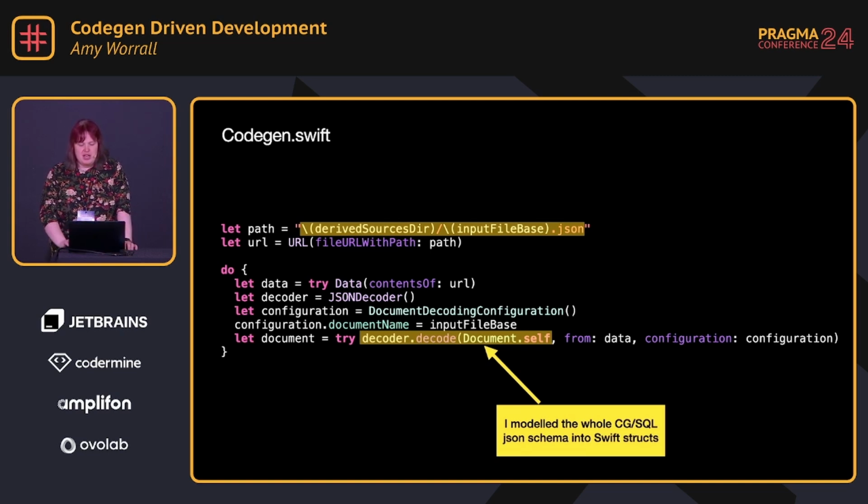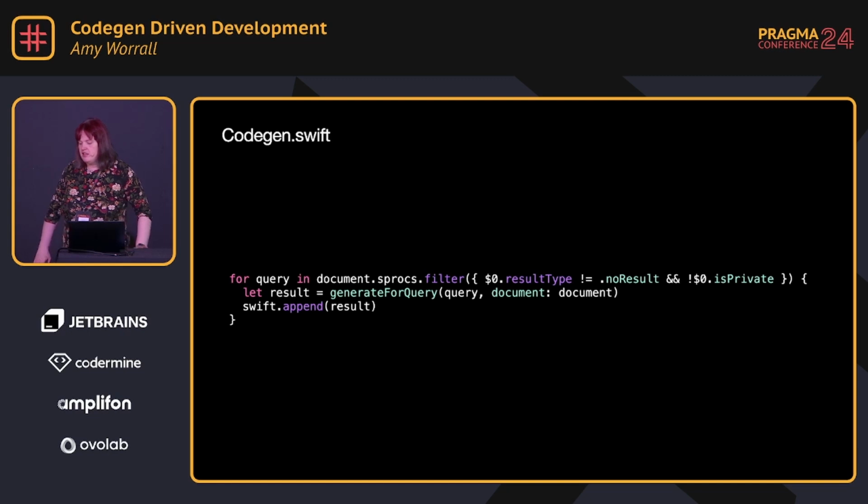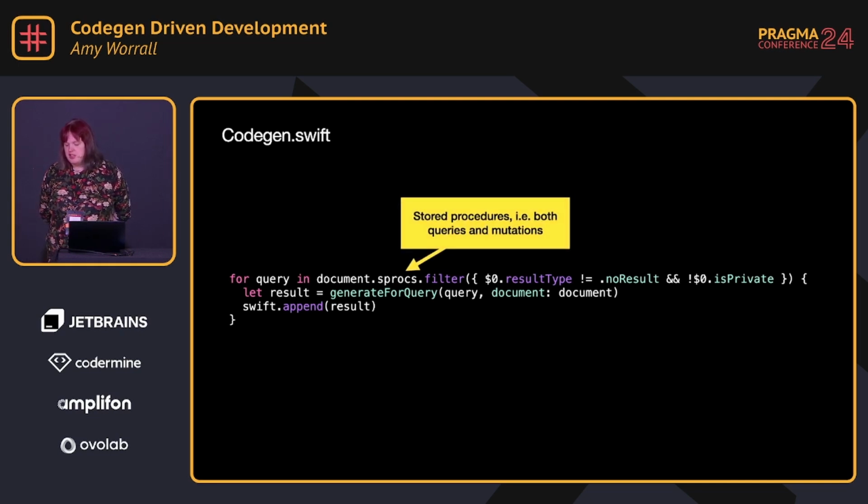And then, for example, for the part of the Codegen where we're going to be dealing with queries, document is my parsed JSON, and it's got a whole bunch of properties. One of these properties is called sprocs. It stands for stored procedures. And if you recall, I mentioned that stored procedures can be either a query or a mutation, for example.